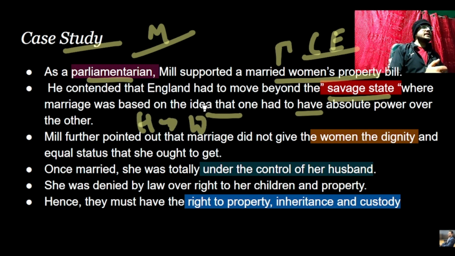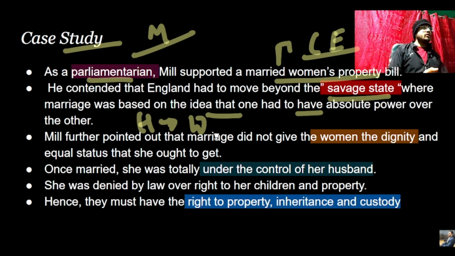So he challenged this idea. England had to move beyond the savage state, a state of nature based on strength, where men had absolute power over women. They have to move out of it and have a more gender equal society.